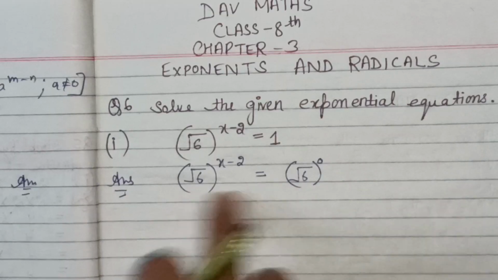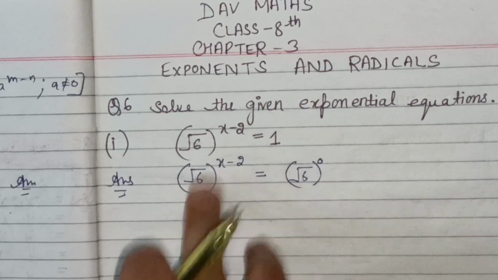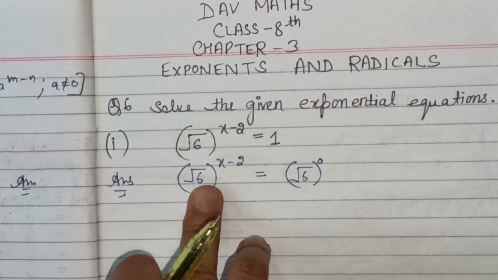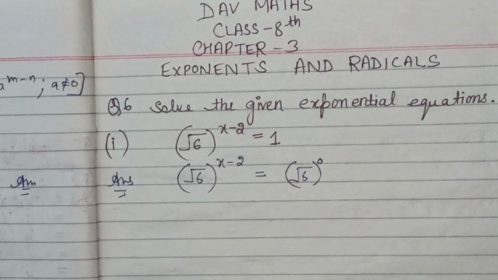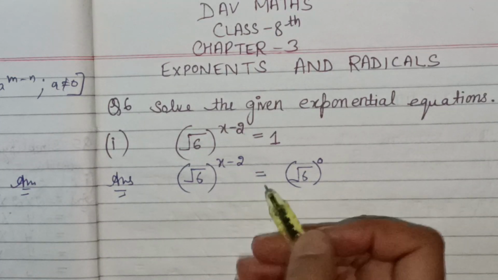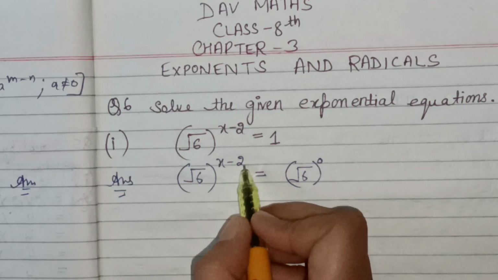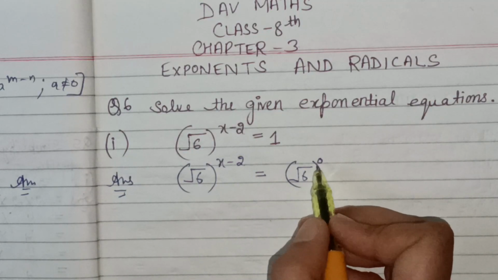So to make them the same base, here under root 6 and here under root 6, they have the same base. Now we can compare the exponents. Here the exponent is x minus 2 and here the exponent is 0.